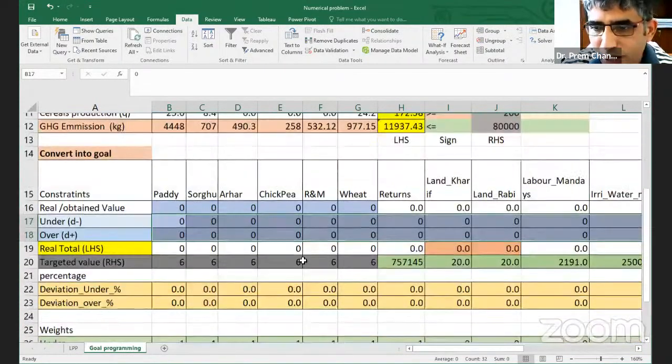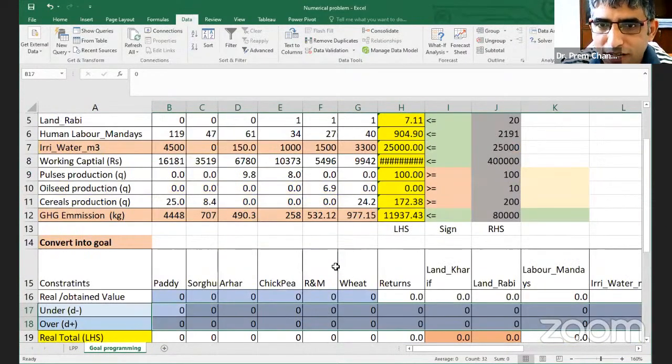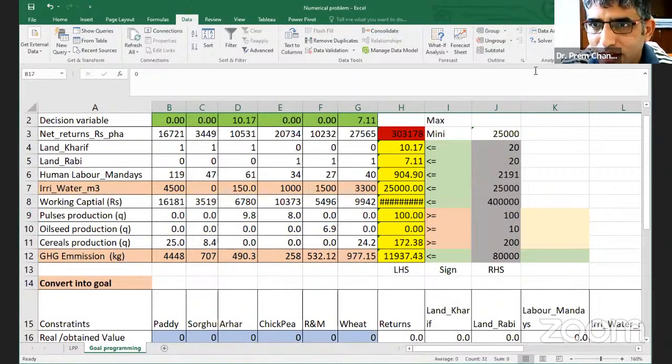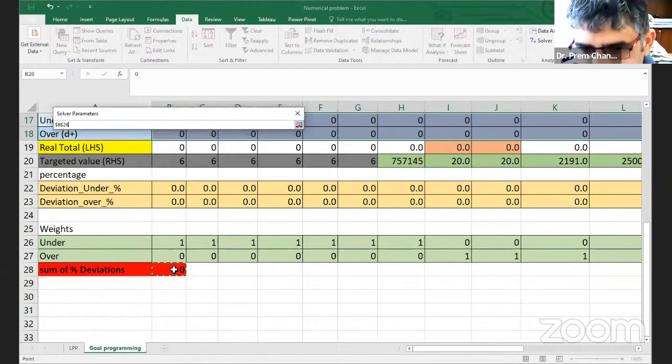Now I will solve it. Very simple. As we solve the LP, my goal is minimization of deviations from the goal.